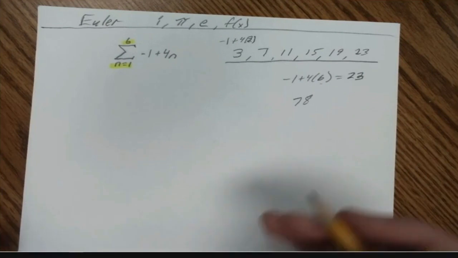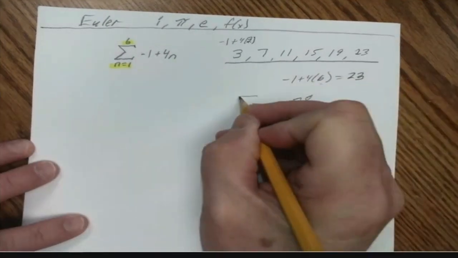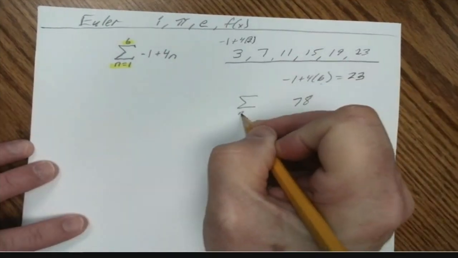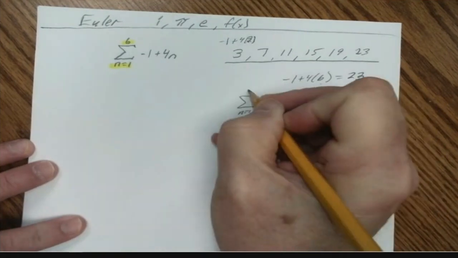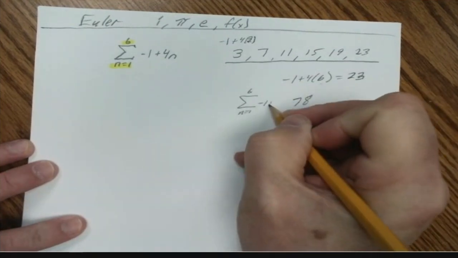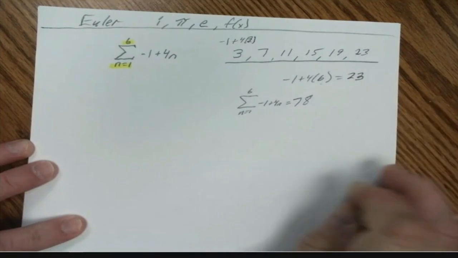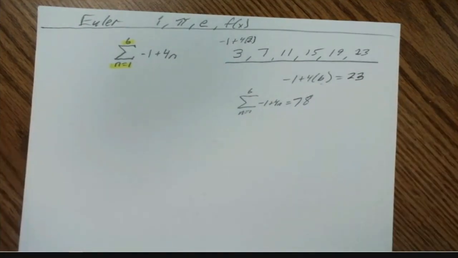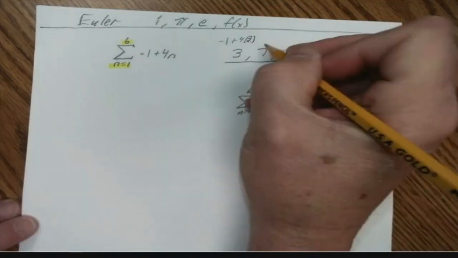So the sum of the first 6 terms of -1 plus 4n equals 78. Use sigma notation to notate the sum of that. And we can do it by just adding these together like we did.